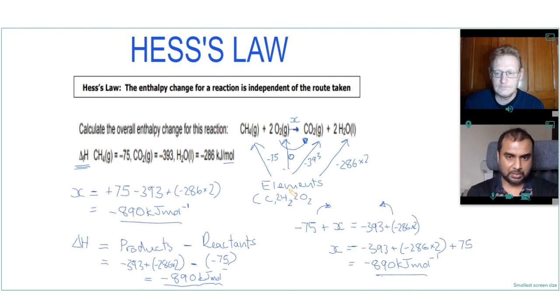Presumably the enthalpy of formation is defined as the enthalpy of formation from the elements, so if the element is the element, you can see there we're just going from 2 oxygens to 2 oxygens, so there's no enthalpy change.